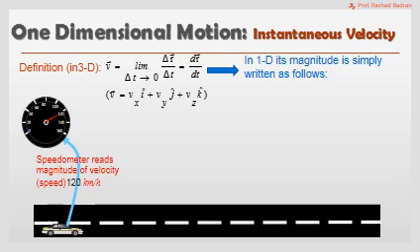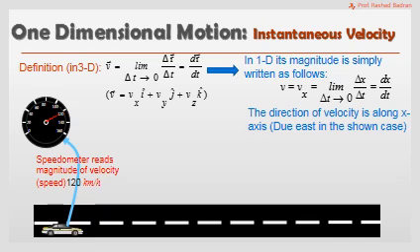As long as the motion is along the x-axis, the direction of the car in our demonstration is due east. The car has a speedometer, and it reads the speed as 120 kilometers per hour. This speed represents the magnitude of the velocity.